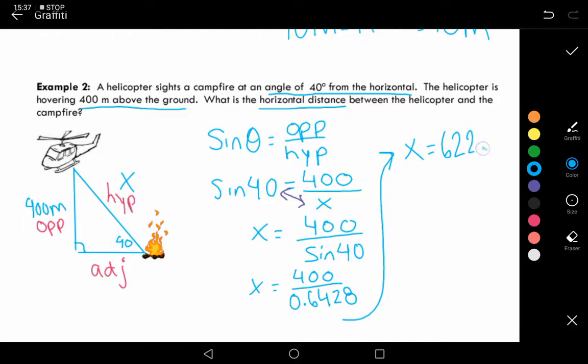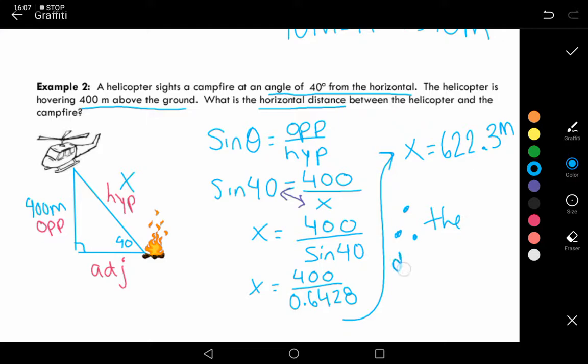We'll just go to one decimal place, 622.3, and we are dealing with meters here. So we refer back to the question, what are we actually looking for? The distance between the helicopter and the campfire is 622.3 meters. And again, you would write that as a therefore statement.